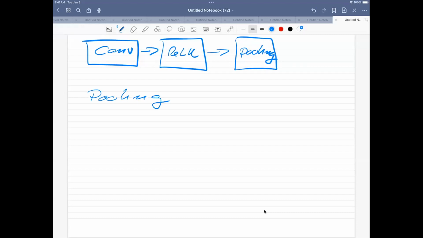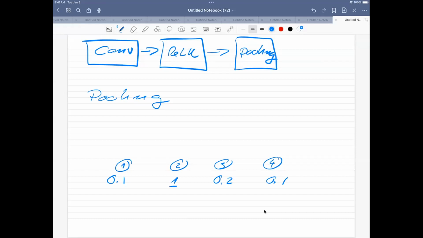Suppose now that you have an input, let's look at 4 nodes here. After the ReLU, node 1 has value 0.1, node 2 has value 1, node 3 has a value of 0.2, and the final one has a value of 0.1.